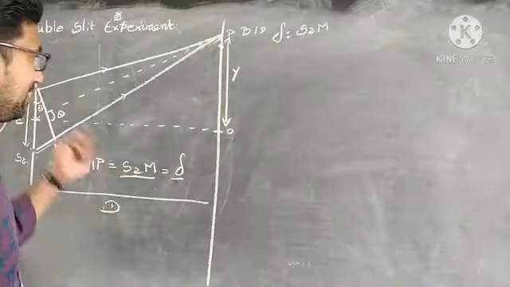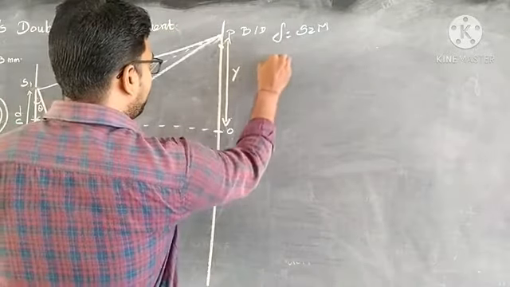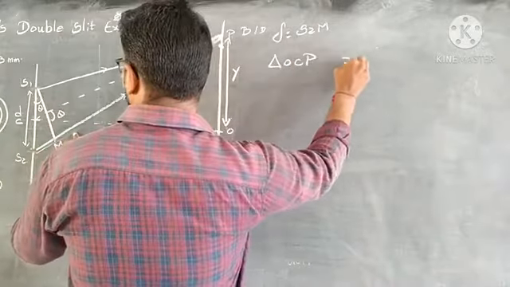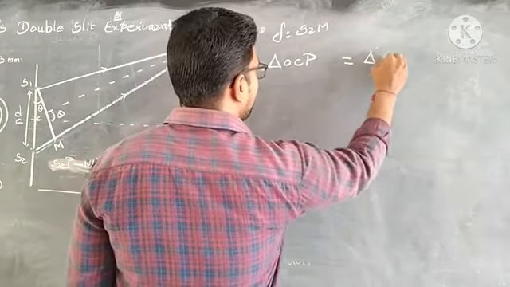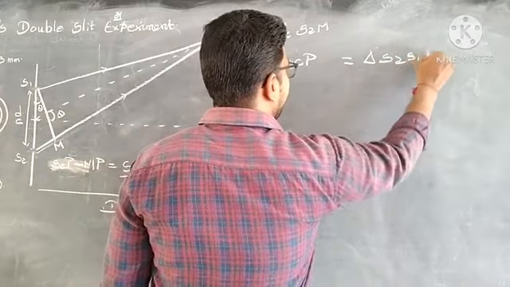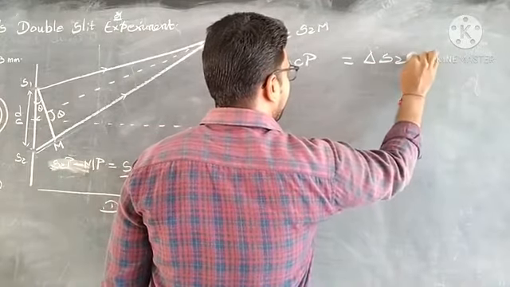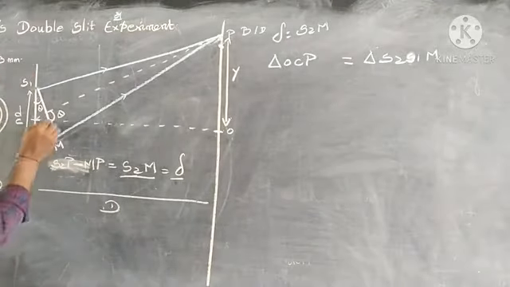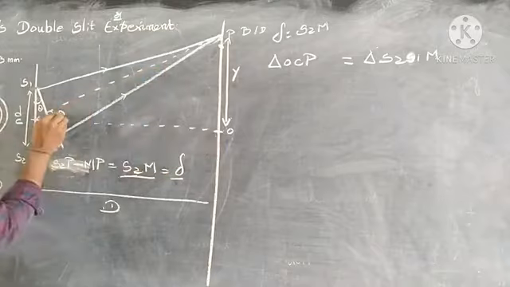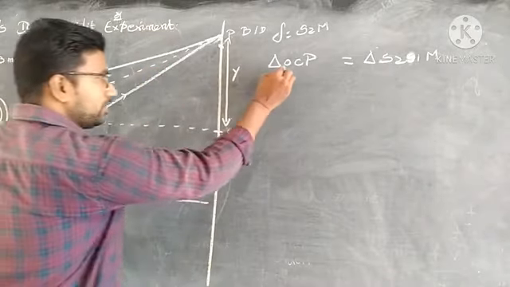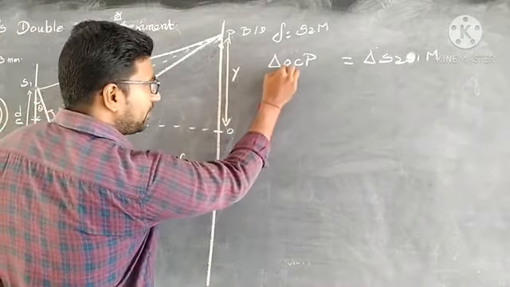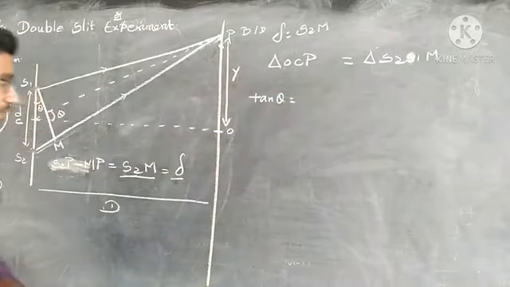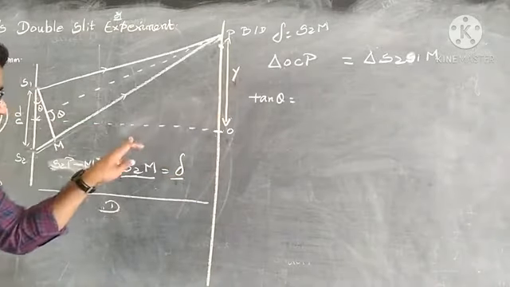Okay. What are the triangles? The triangle OCP and the triangle S2S1M. Let me discuss. Here, the angle OCP is theta. So in triangle OCP, tan theta is equal to opposite side by adjacent side.